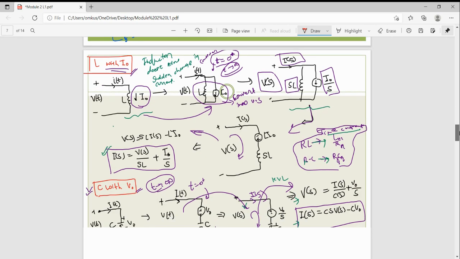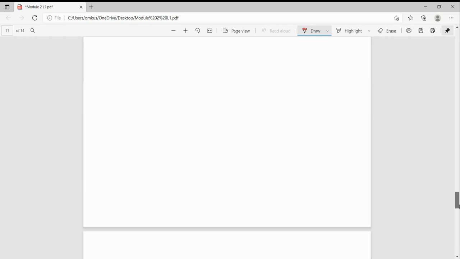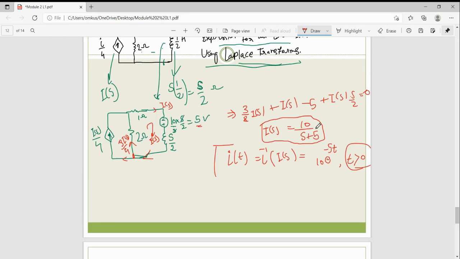Here you are given 10 upon s plus 5, take 10 as common, so it is nothing but 10 times 1 upon s plus 5, right? Now when you use the Laplace inverse transform, this is nothing but e to the power of minus 5t.